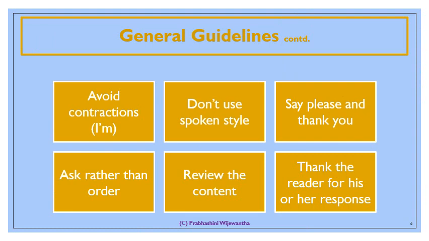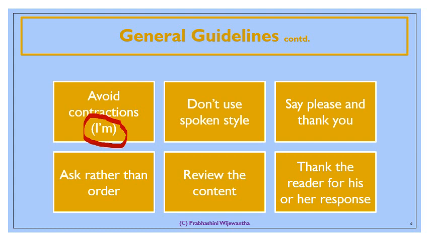Some more general guidelines. Avoid contractions. When you are writing business documents, remember, as I mentioned before, they are very formal and professional. So you have to avoid contractions. Contractions are expressions such as I'm, isn't, like that.